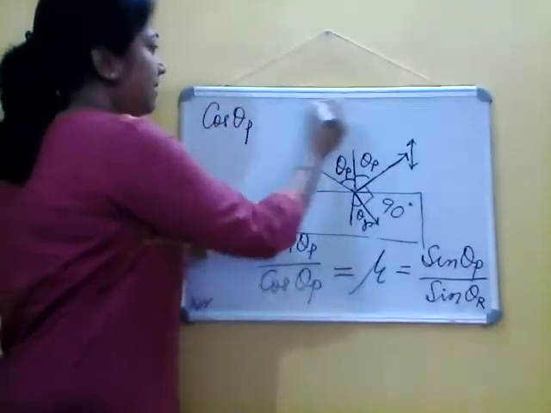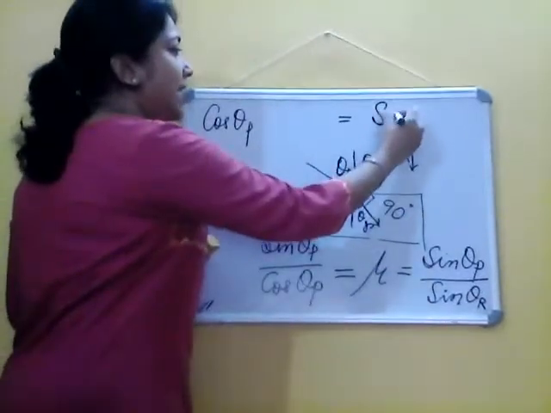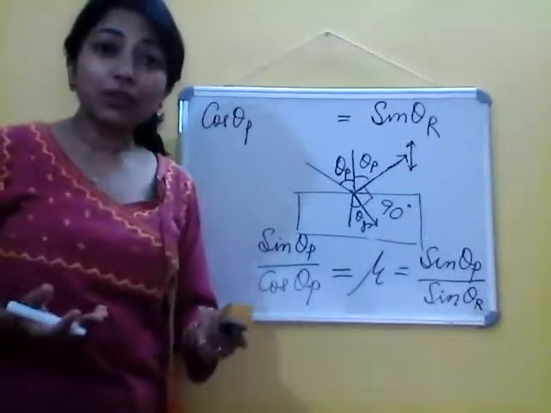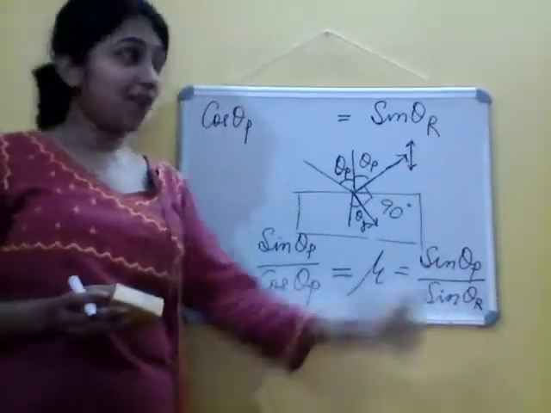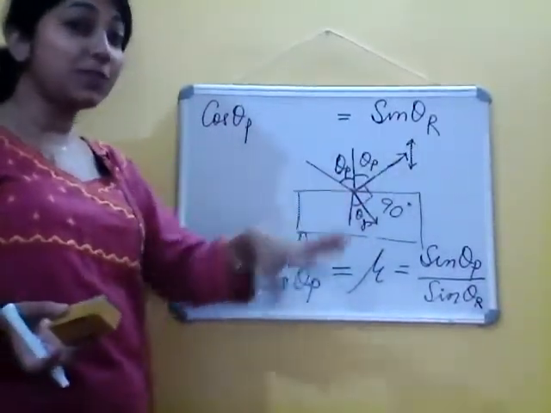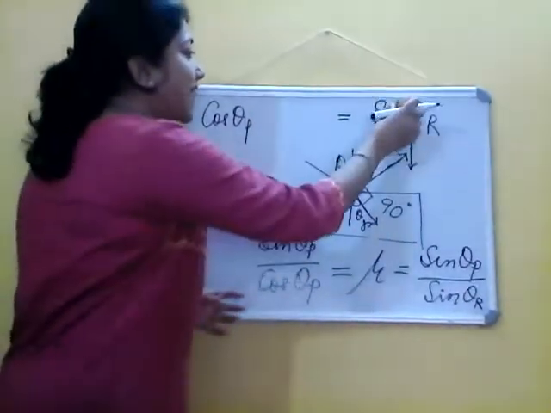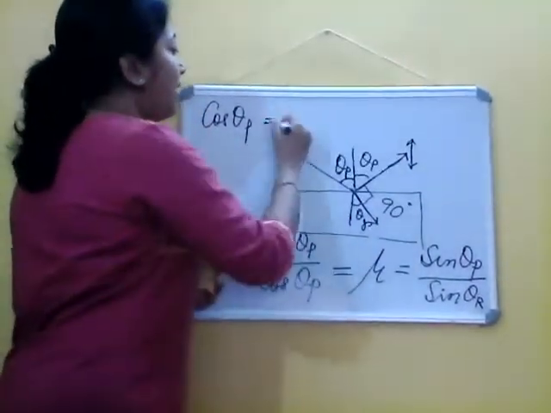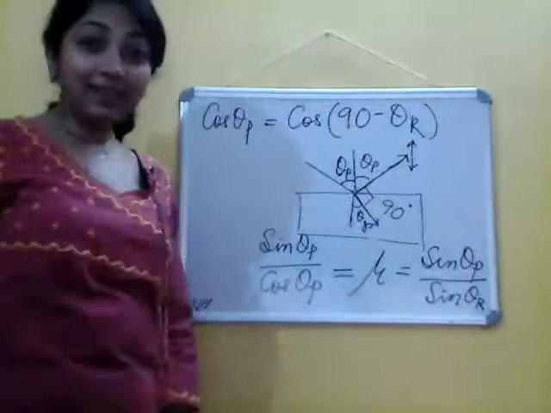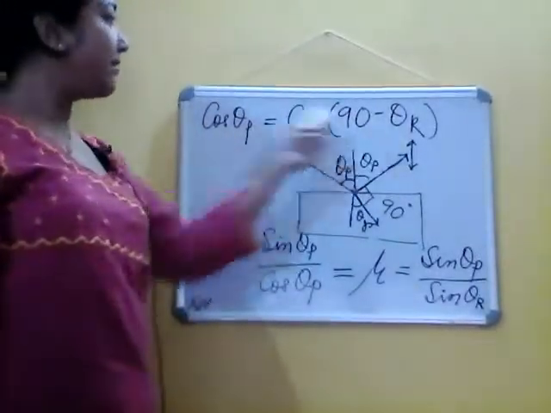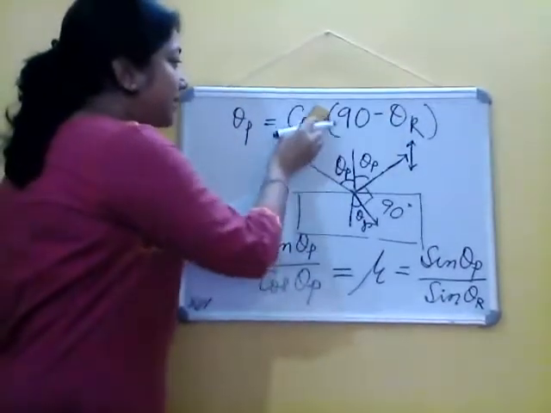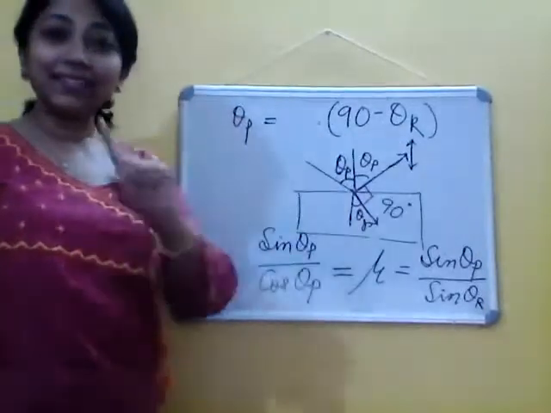So when I write cos theta p is equal to sine theta r, it will be easy for us to compare if I change this sine into cos, right? I can write this as cos of 90 minus theta r. Am I right? So when we compare these two, I can very easily write that theta p is nothing but 90 minus theta r.